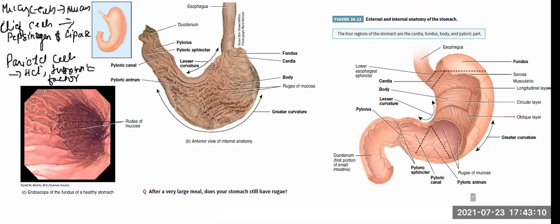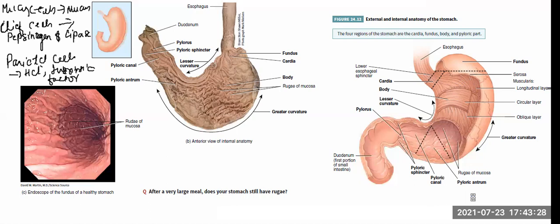And the most important thing is that your stomach is a mixer, so it mixes the bolus, or the food, with gastric juice and changes it into a liquid. We call it chyme, right?